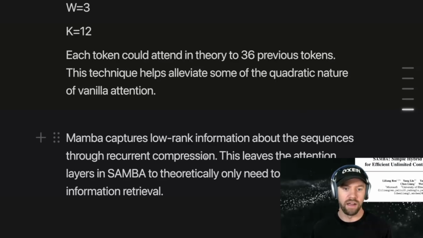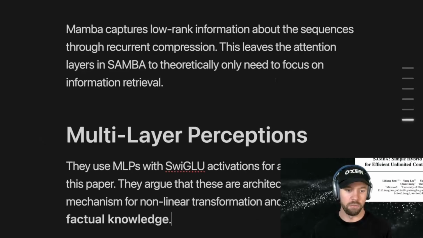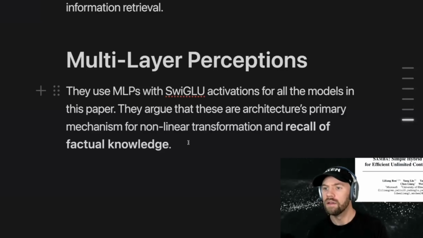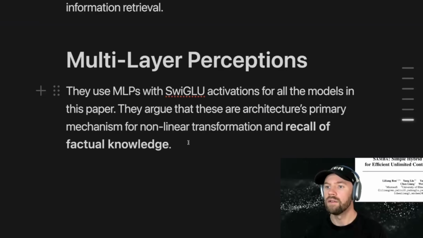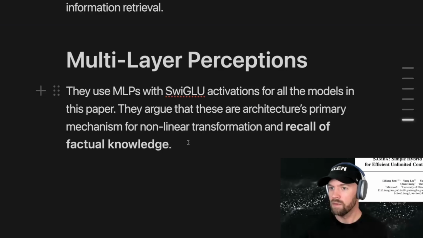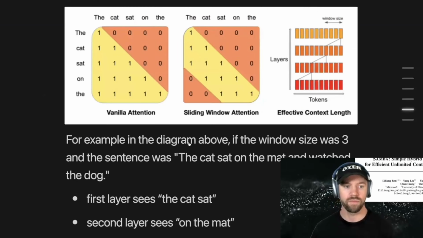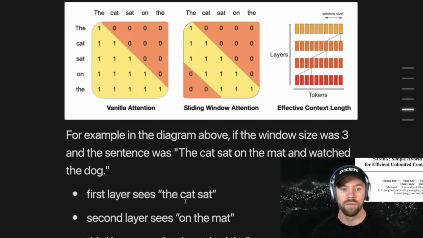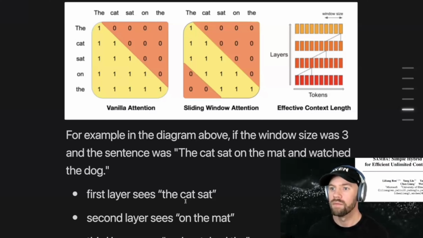And then finally, they have the multi-layer perceptrons within here. Sorry, before you move on, Mike also has a hand up too. Yeah, just going back to the sliding window, and Evan, the problem you mentioned also relates to the attention sinks paper.